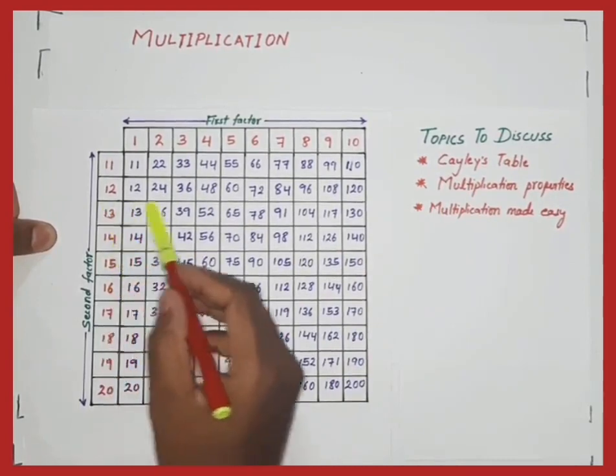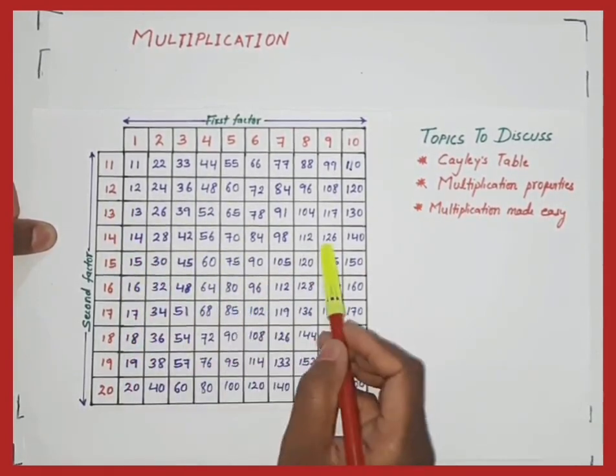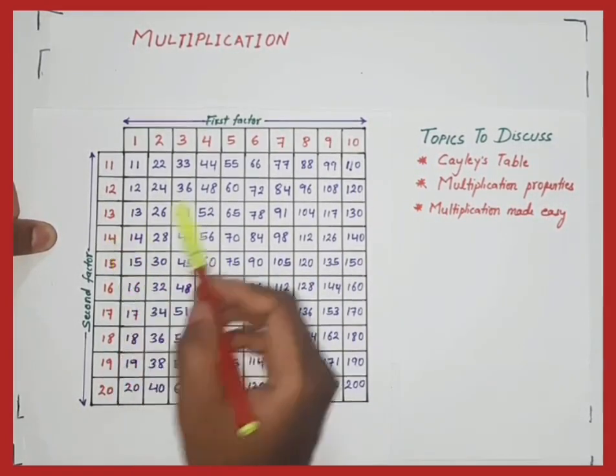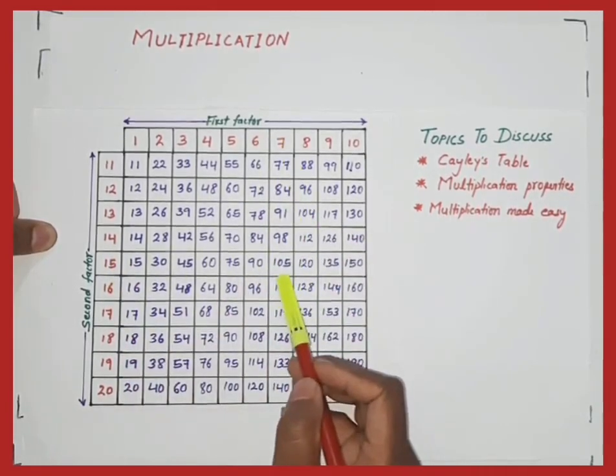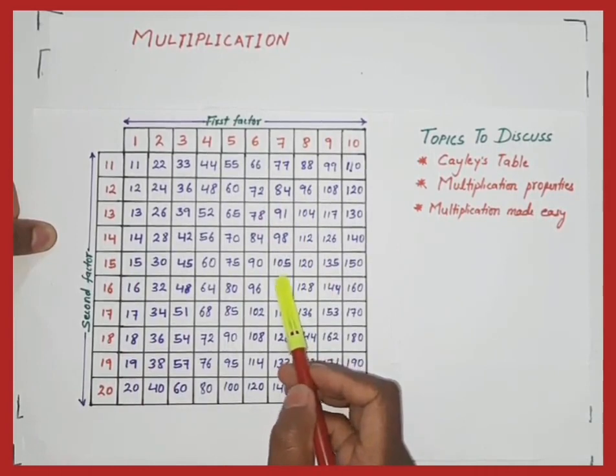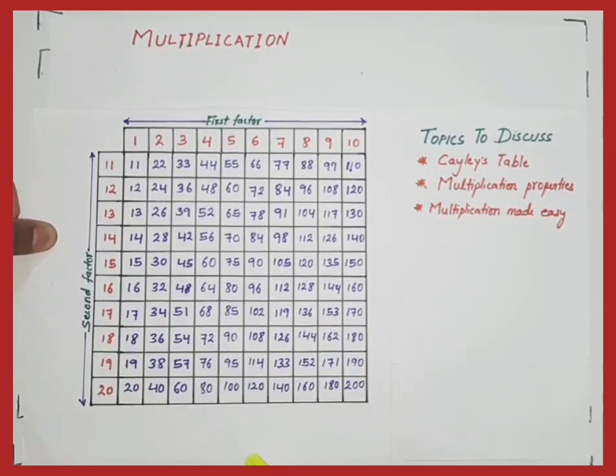Similarly for 12, 13, 14 it is given. Like 14 into 6 is how much? 84. 15 into 7 is how much? 105, isn't it? So here you can see all the table values up to 20.